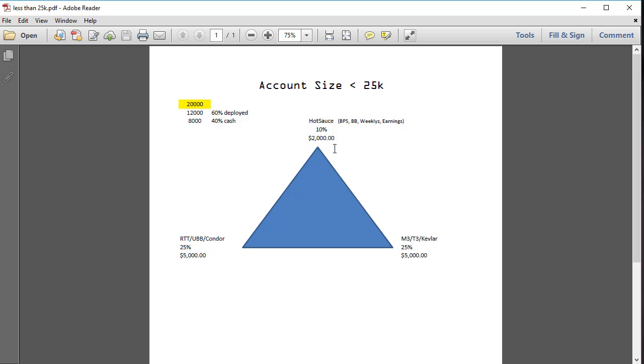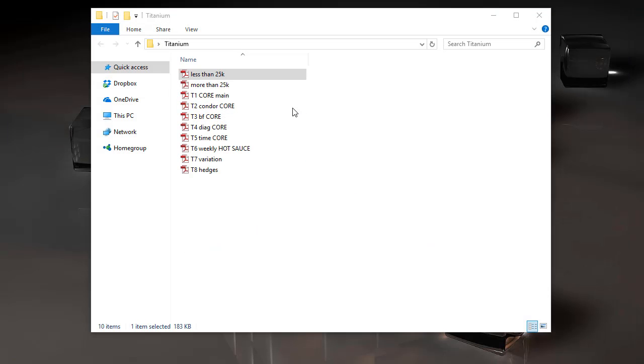It lets you actively trade some monthly trades, some weekly trades, and still remain enough in cash so that you're not overly stressing about blowing up your account. This can be 70-30, this can be 50-50, this can be whatever is comfortable for you. This is what I trade on accounts I manage that are under 25,000. This is how I do it.